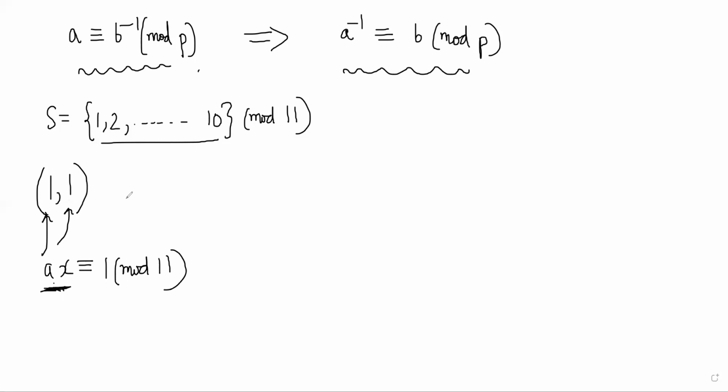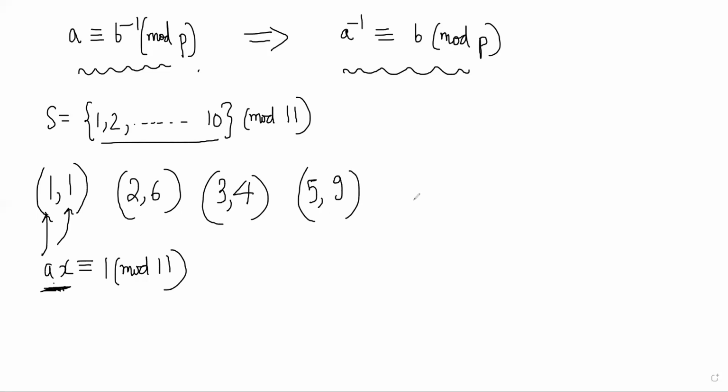For 2 to 10, we will find other pairs. 2's inverse will be 6, 3's inverse will be 4, 5's inverse will be 9, 7's inverse will be 8 when you're doing mod 11, and 10's inverse will be 10.